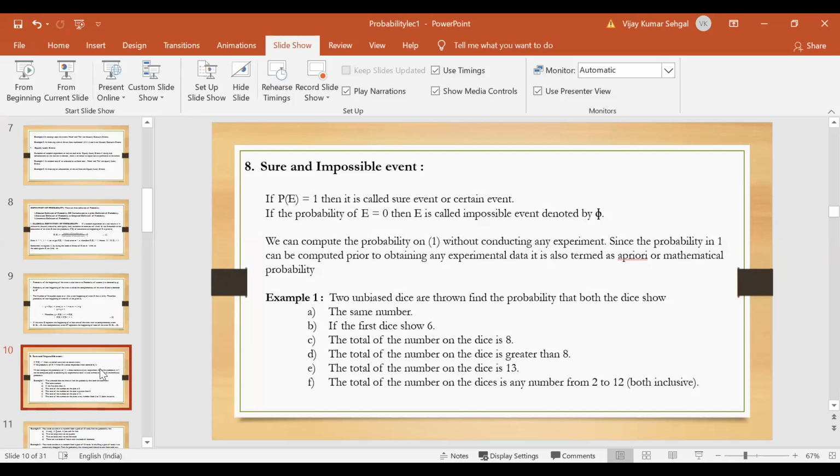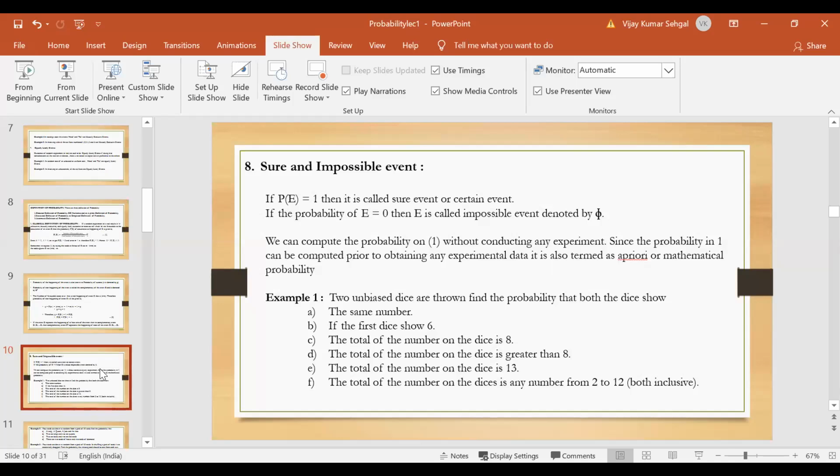Similarly, the total of the numbers on the dice is greater than 8. Greater than 8 means it can be either 9, 10, 11, or 12. So these are the only numbers which we can get when we throw 2 dice that are greater than 8.